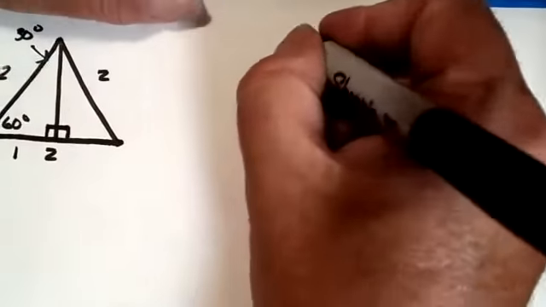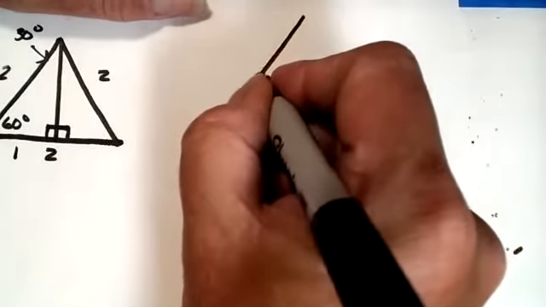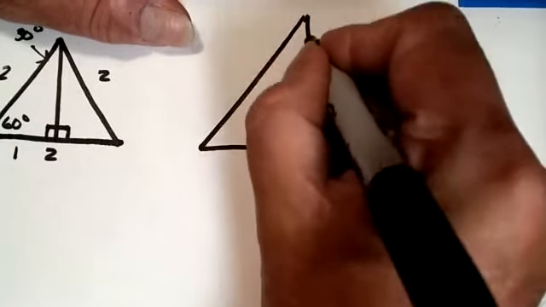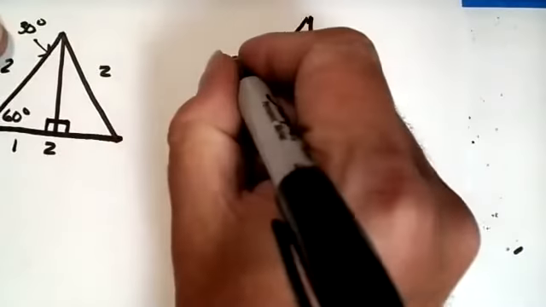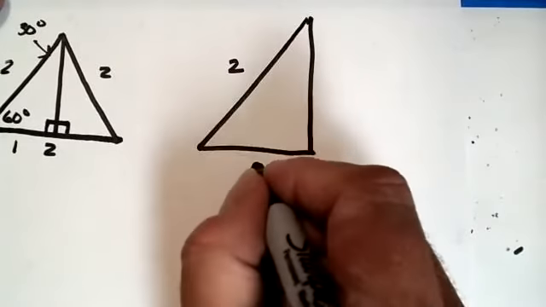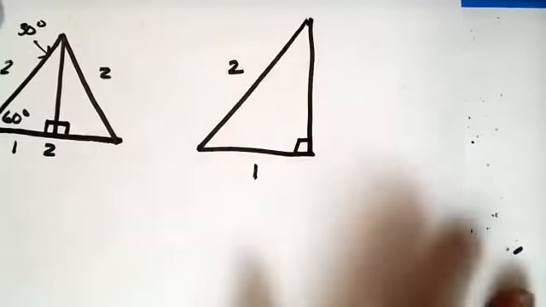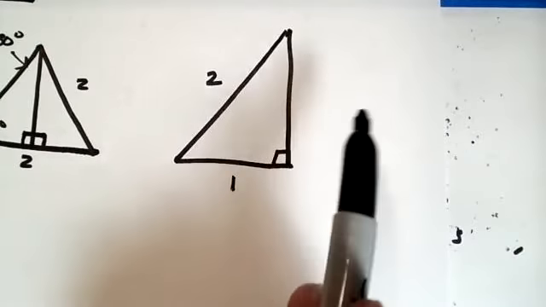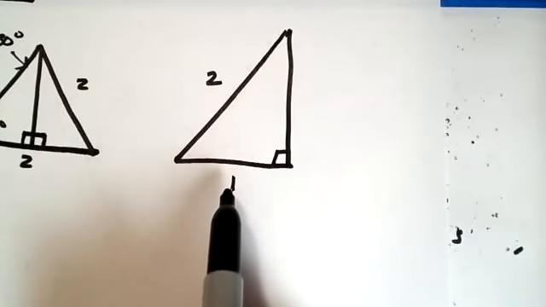Okay, so now I'm going to take that triangle, put it over here to the right, kind of just blow up a portion, just the right triangle. We know that that side is 2, this side is 1, and applying the Pythagorean theorem, we can find the third side, right? So what's the Pythagorean theorem tell us?